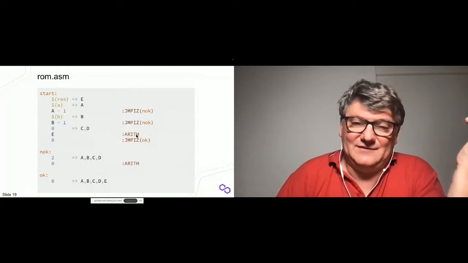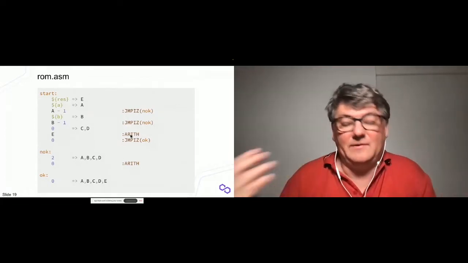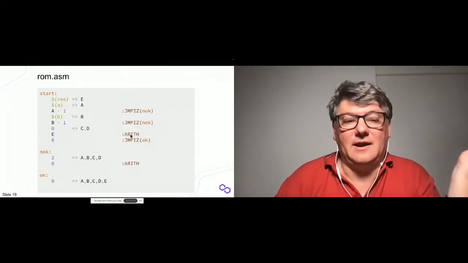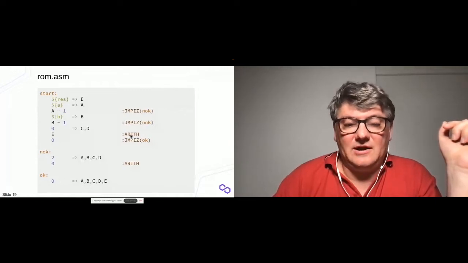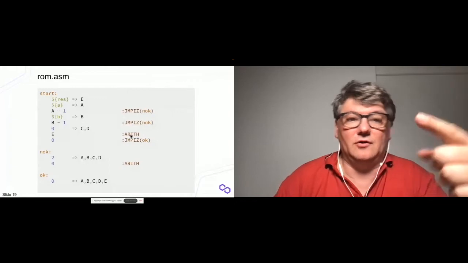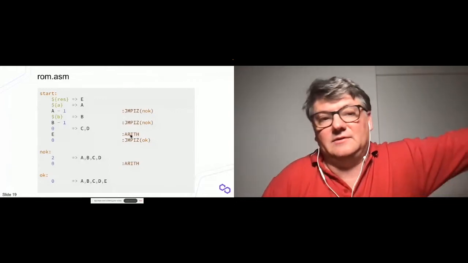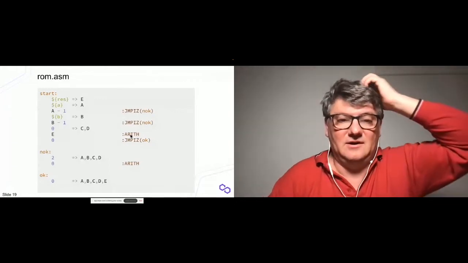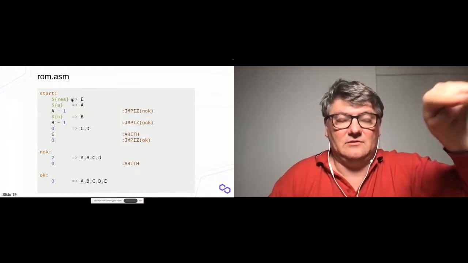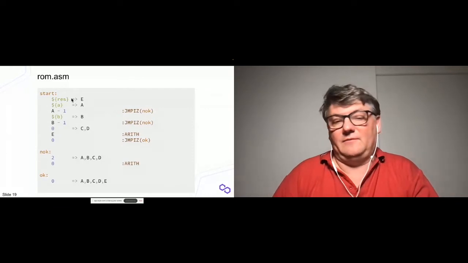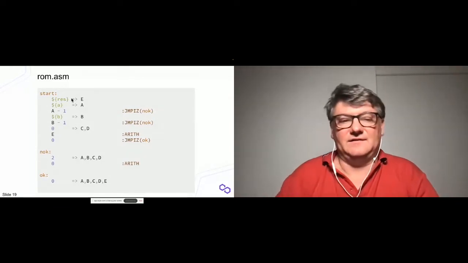But if this is not okay, I will not be able to generate the proof, so this is going to be invalid. And if it's okay, then I'm setting everything back to 0, because this is a cyclic program, so I need to start over again. But this is an example of a state machine, a very simple one.